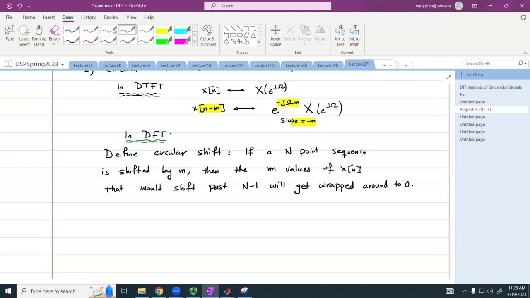The notation we use is x of n minus m, modulo capital N. What this means is you shift the signal by m, and any part of the signal that is beyond n minus 1, you take it and bring it back, and it becomes indexed starting at n equal to 0. So let's see how this works.